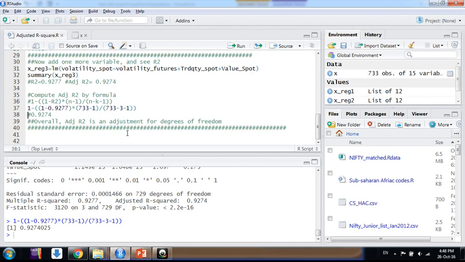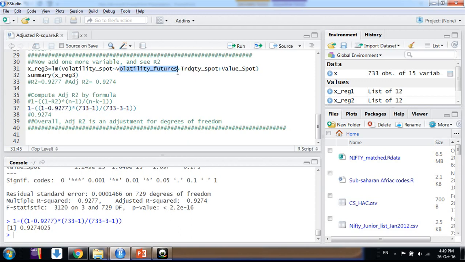Overall, adjusted R square is nothing but an adjustment for the degrees of freedom we are using in the regression. Degrees of freedom means the number of observations minus the estimates we have computed. Here we have 733 total observations, out of which in the first regression we are estimating only one parameter, the volatility of futures market.